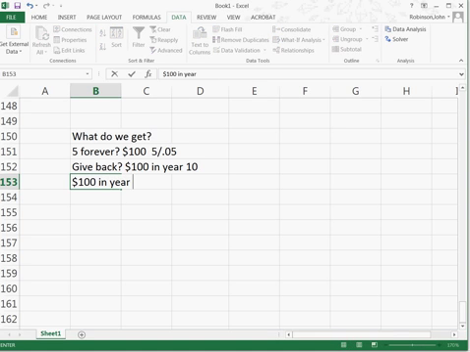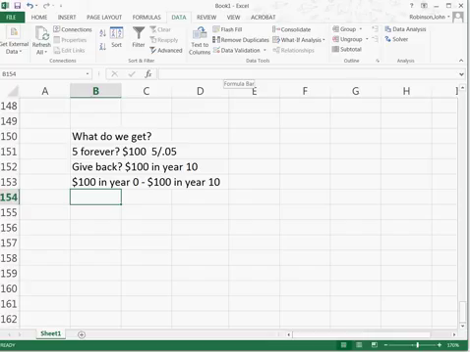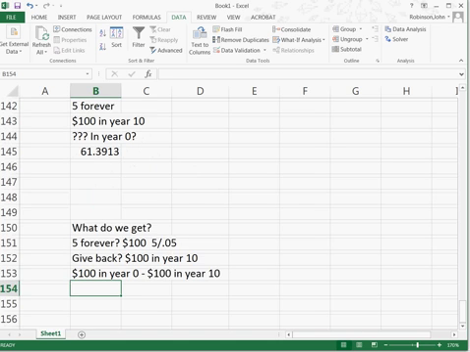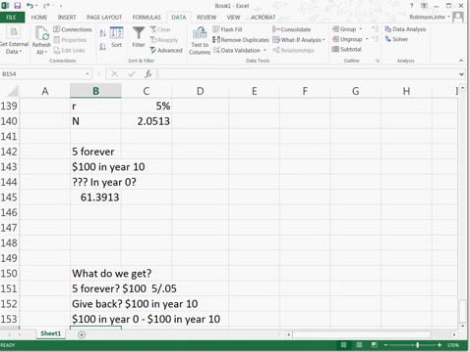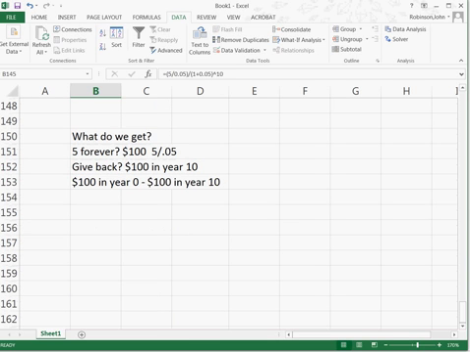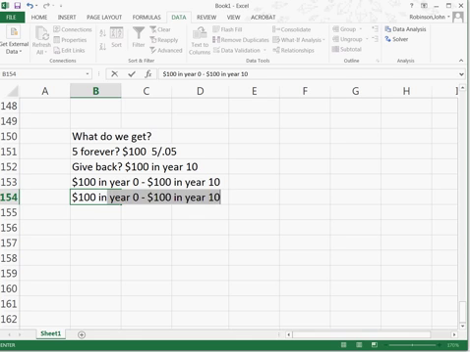So we need to convert from one to the other. And in fact, we've already done that. Right here, we had 100 in year 10. We found to be worth 61.39. So actually, this is 100 in year 0 minus 61.39 in year 0.